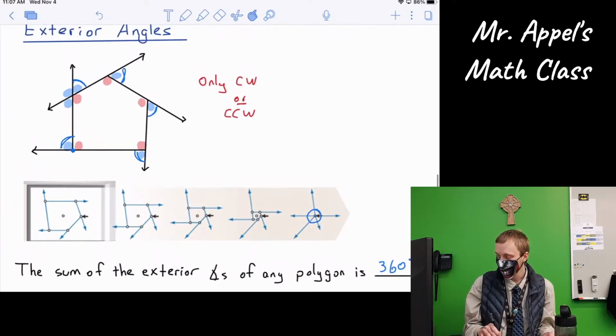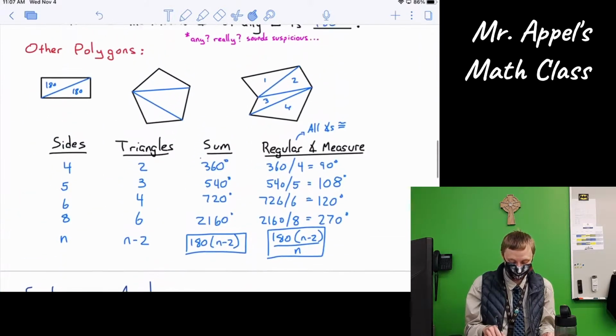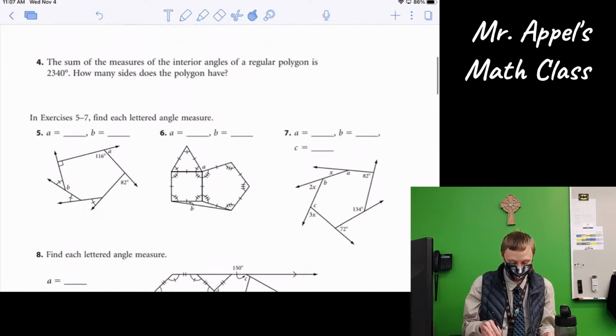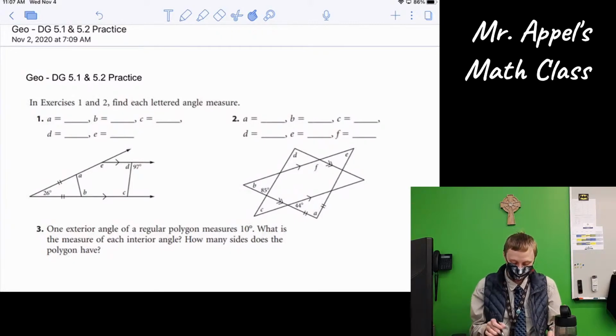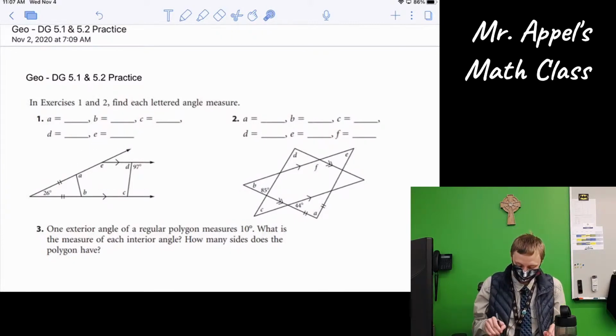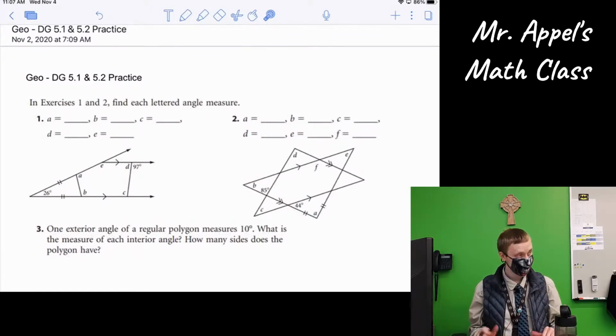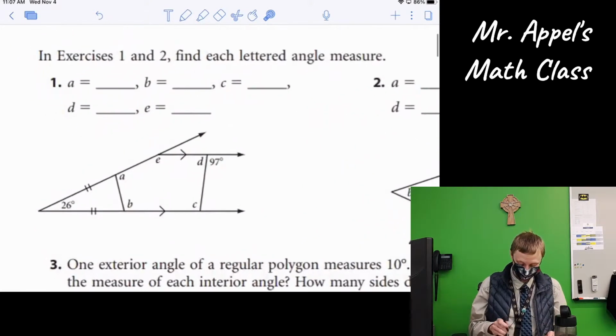All right. With that information, you should now be armed and ready to tackle these exercises for today: finding all the angle measures in these kinds of diagrams. Look at these fun shapes we got going on. This guy, look, 1, 2, 3, 4, 5.